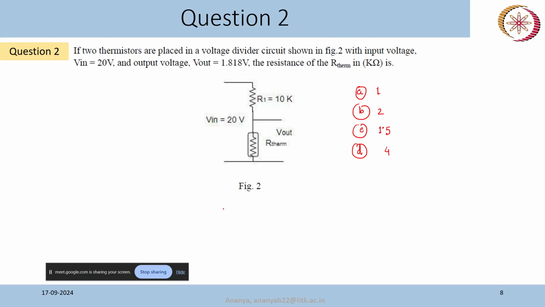So the solution. The expression is V out is equal to R thermistor divided by R1 plus R thermistor, multiplied by V in. V out is given in the question as 1.818 volt, and our thermistor we don't know.